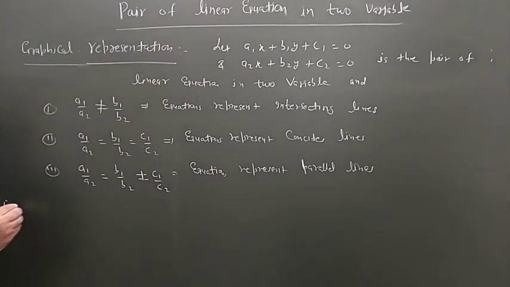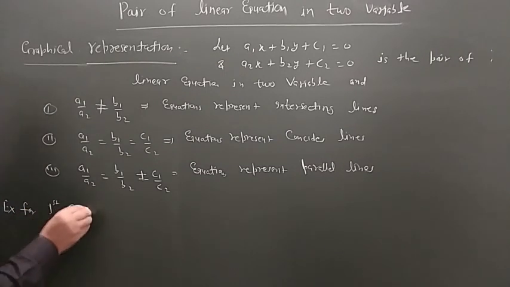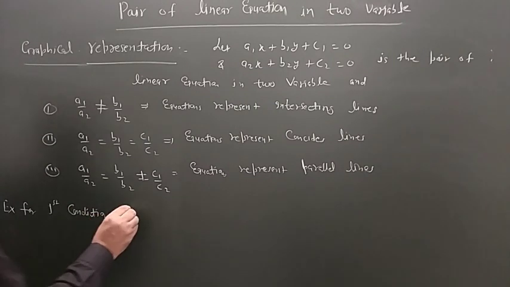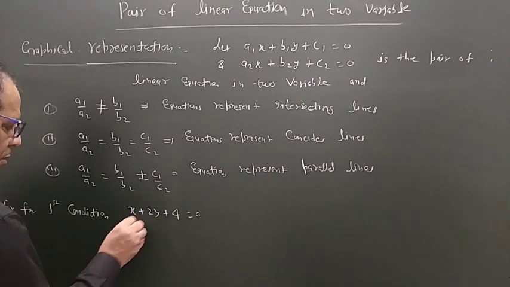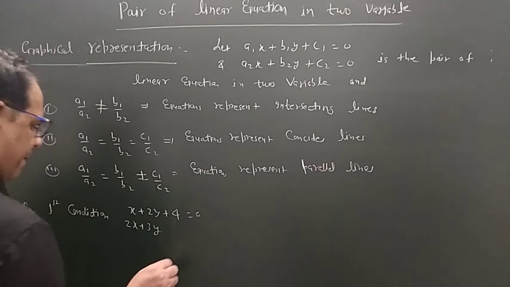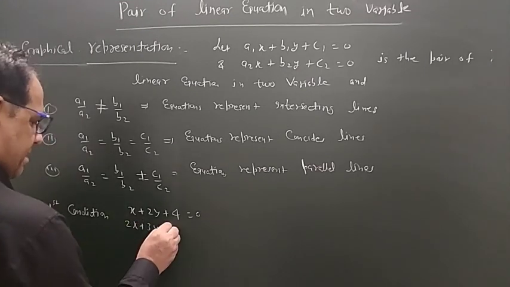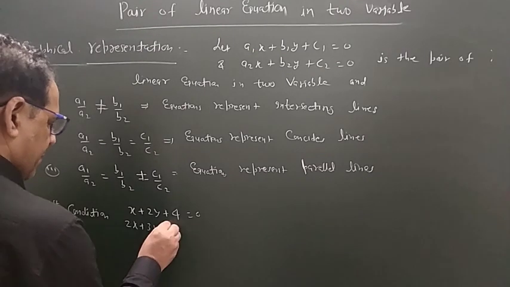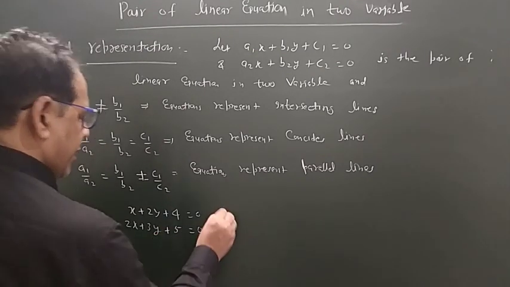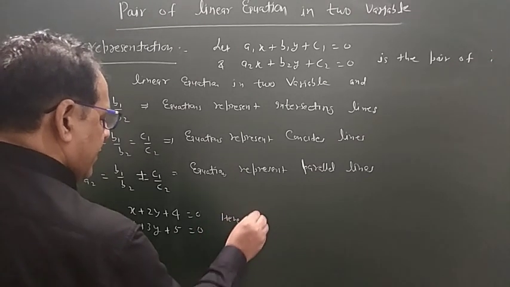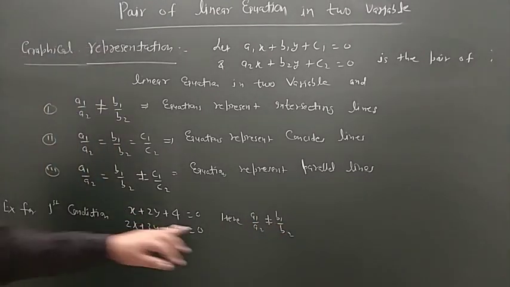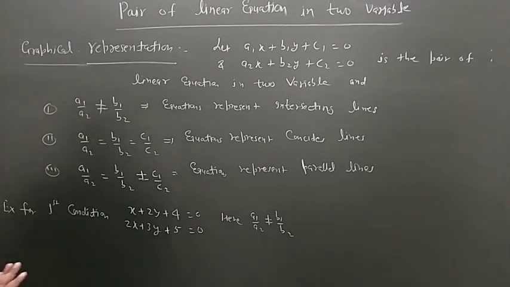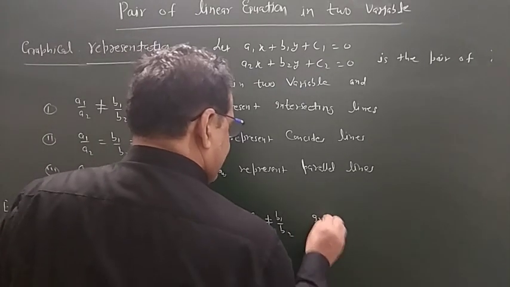Example for the first condition: x plus 2y plus 4 equal to 0, 2x plus 3y plus 5 equal to 0. Here a1 upon a2 is not equal to b1 upon b2, that means intersecting lines.